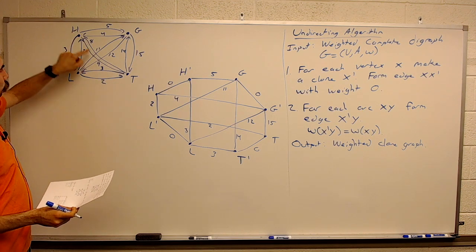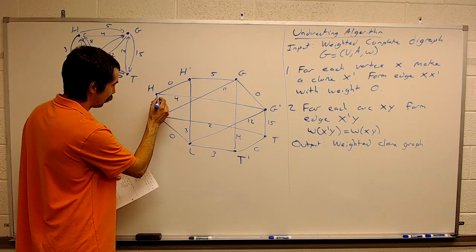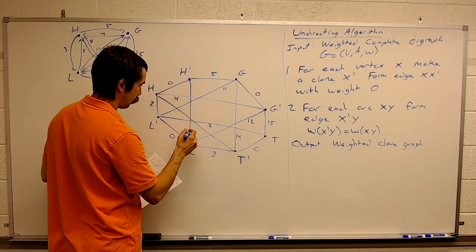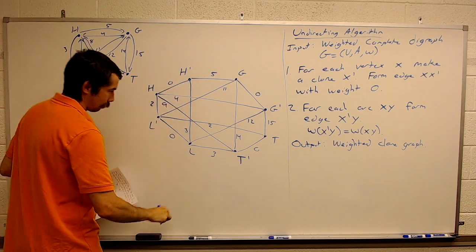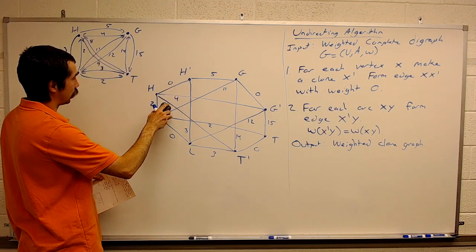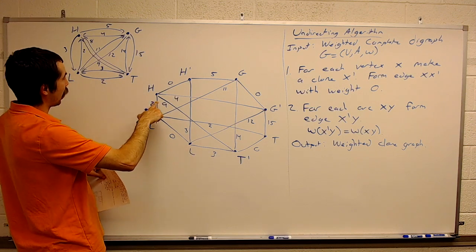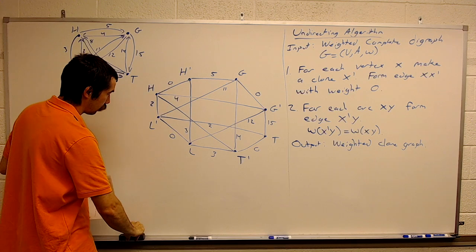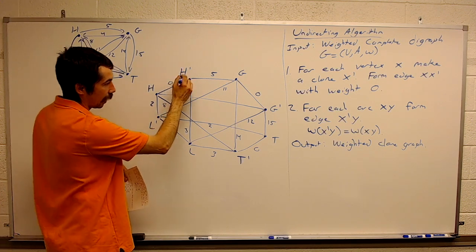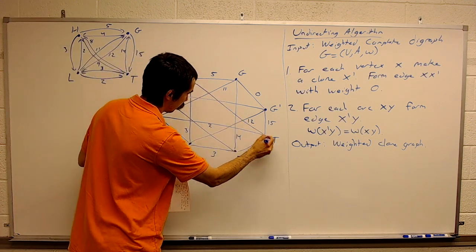H to T, so H prime T is 9. Okay, I wrote HT prime. So T prime H, that should be this one, that's 8. And then H prime T is 9.